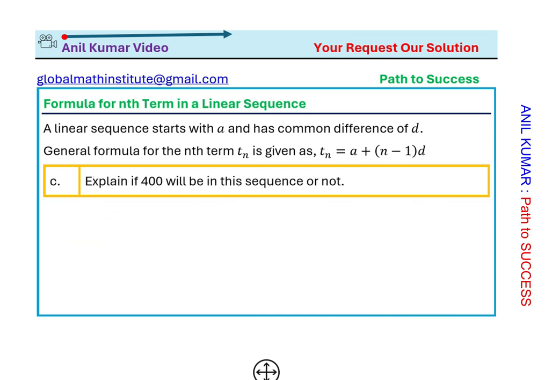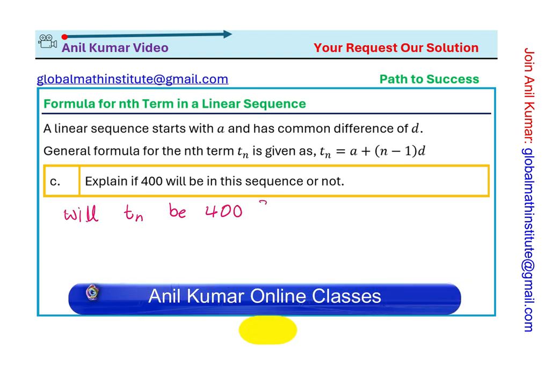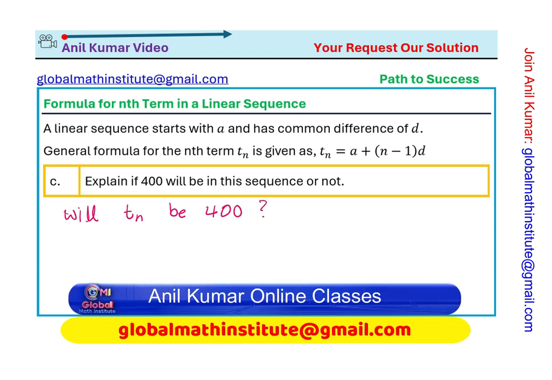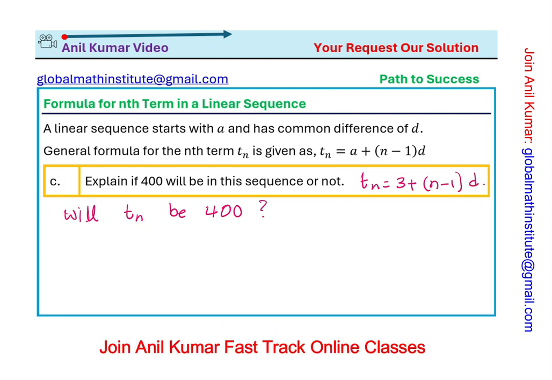Let's move on and take the next part, which is explain if 400 will be in this sequence or not. That's very interesting. So we ask, will Tn be 400? That is the question. In this case, the formula is Tn equals 3, because a is 3 for us, plus n minus 1 into d. d is given to us as 4.